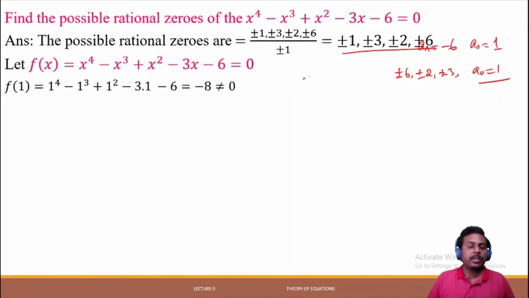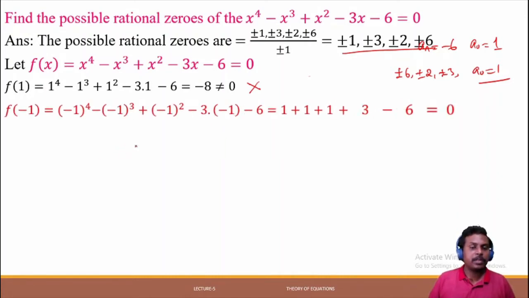We are trying whether 1 is a root of the equation or not. If I substitute 1, then it is not getting 0. So this is not equal to 0. Then f of minus 1: upon substituting x equal to minus 1 in the above equation, we get this as 0. So f of minus 1 is equal to 0.